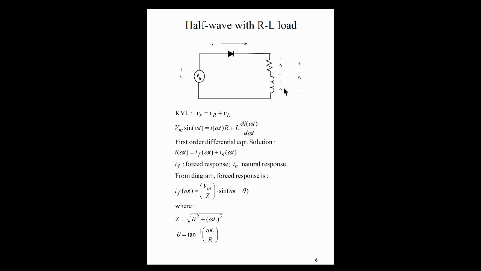We know that it's going to be L di/dt. So that's what we write here. Now, what do we have here? This is a first order differential equation, and we can let a possible solution be some forced response for the current plus the natural response for the current.